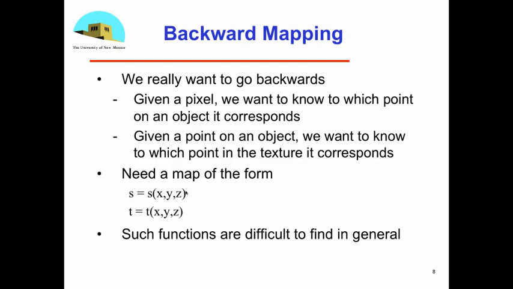So he's implying that there are two maps, a map from screen space back to XYZ object space, and a map from object space back to texture space. Unless you have special cases, that's really difficult to do, and we've got to figure out how to get around that problem.